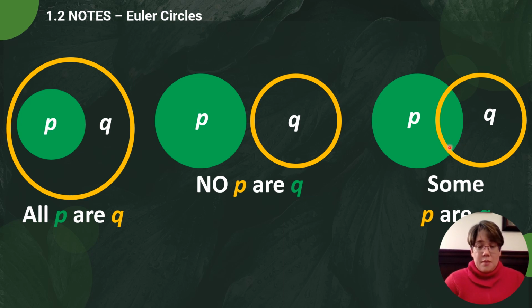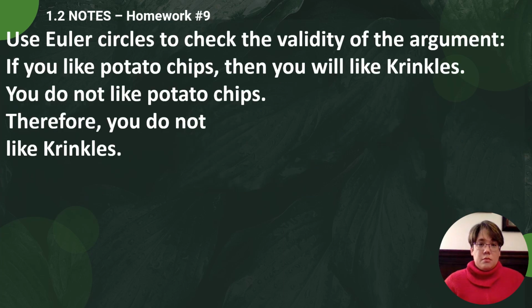Okay, so we're going to do another example that is not quite cut and dry, and we're going to see which one it works out to be. Use Euler circles to check the validity of the argument. If you like potato chips, then you will like crinkles.